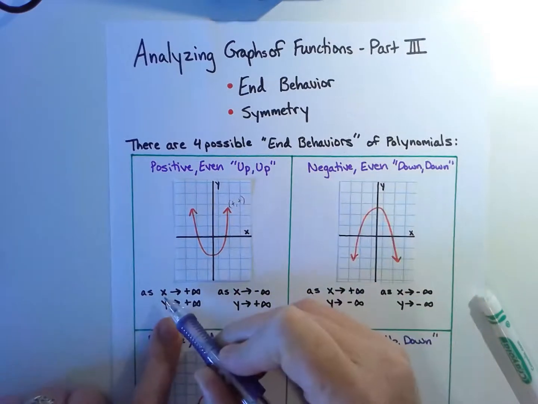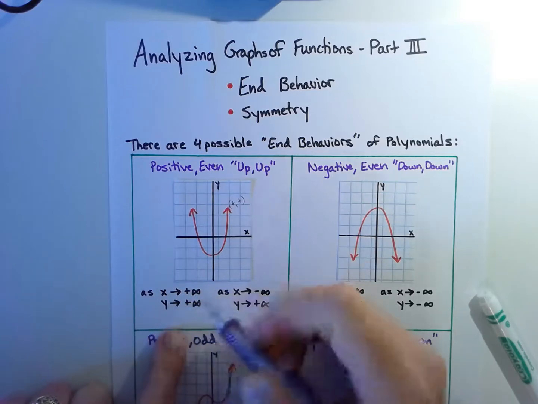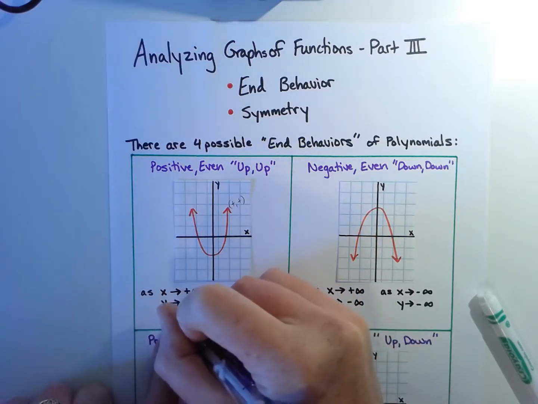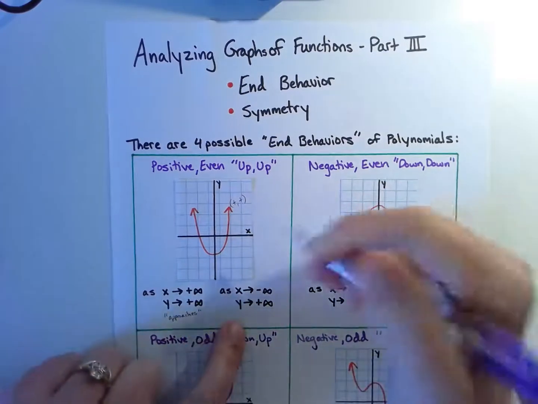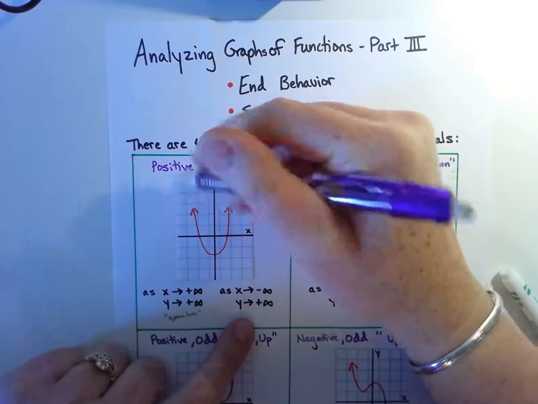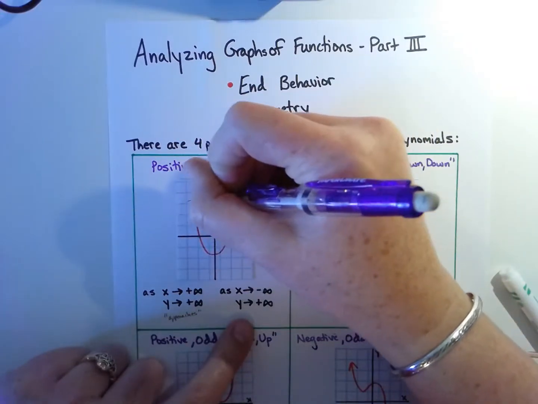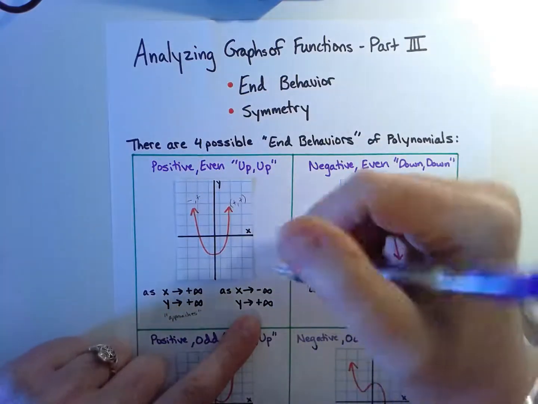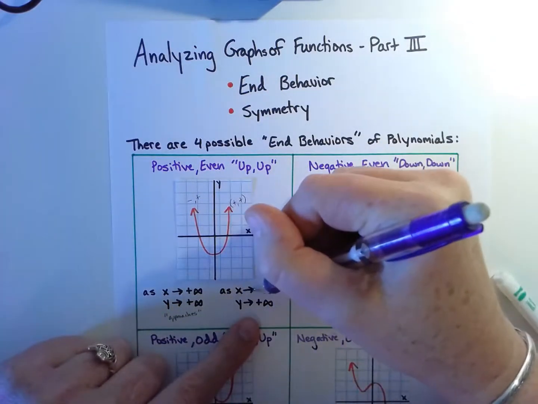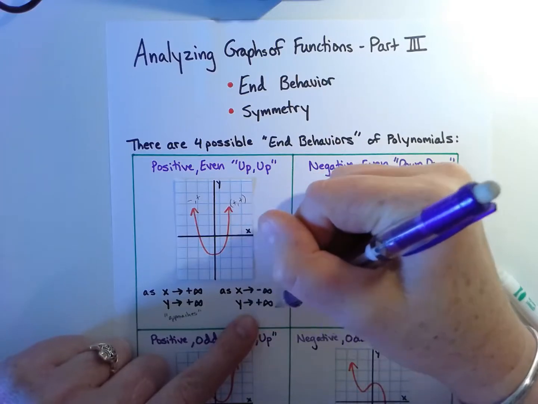So we say, as x approaches positive infinity, y approaches positive infinity. That little arrow stands for the word approaches. On this end of the graph, it's headed toward the second quadrant, so your x value is negative and your y value is positive. In math terms, we say as x approaches negative infinity, y approaches positive infinity.